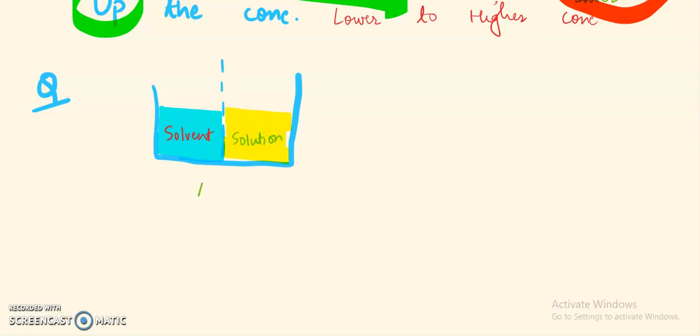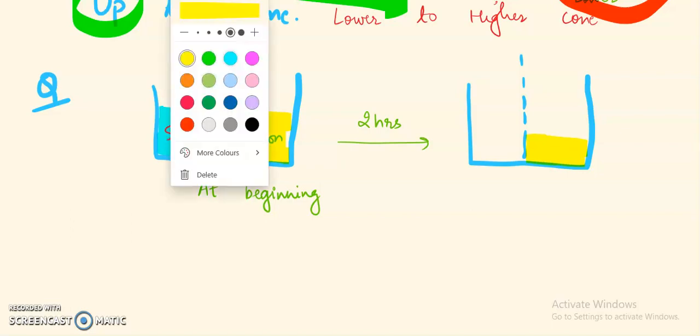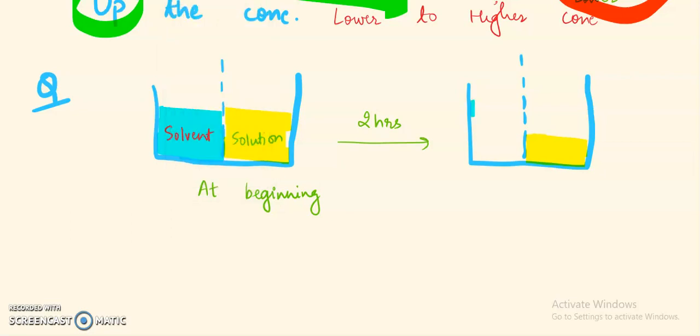This is the apparatus that I have taken at the beginning. Now after placing it for 2 hours, what is my result? I am showing you here. I see that the level of solution has dropped down. I am not writing solution because I have already written it in one of the places. And this is my solvent level.